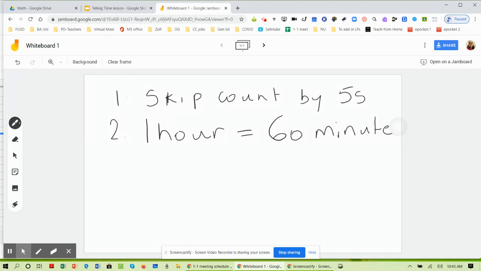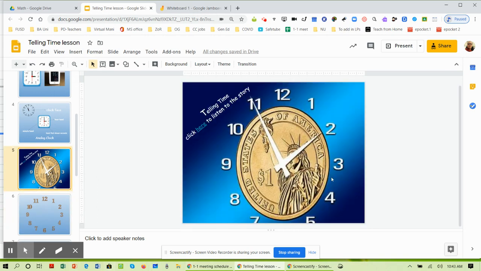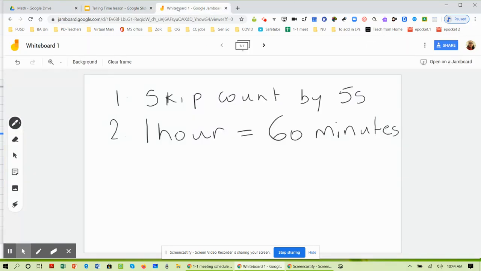When the seconds hand goes around the clock, tick tock 60 times, then it's 1 hour. So that's what it means. 1 hour is 60 minutes.